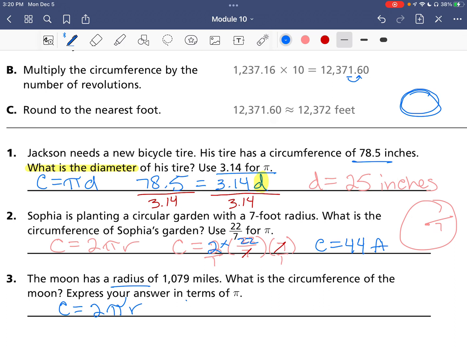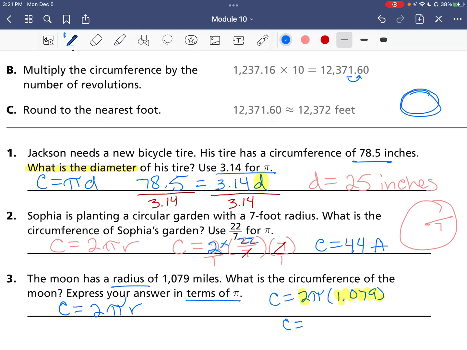Our answer will be in terms of pi, so we're going to leave pi there, but we're going to plug in our radius of 1,079. Now we can multiply 2 times our radius. Please multiply that out. Pause your video. Hit play when you're good to go with your final answer in terms of pi.